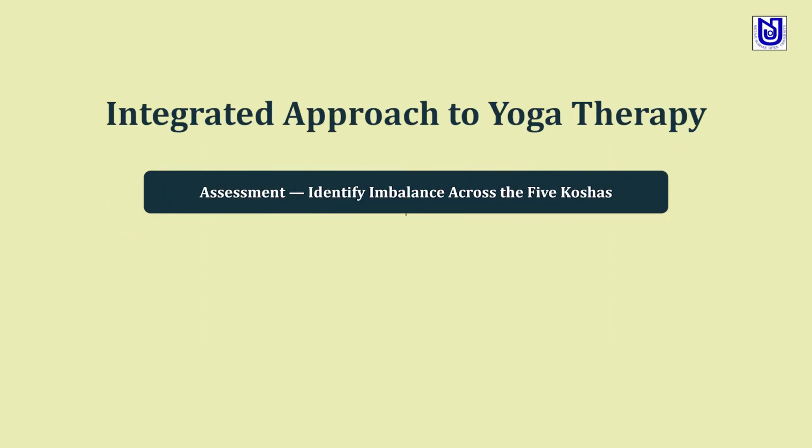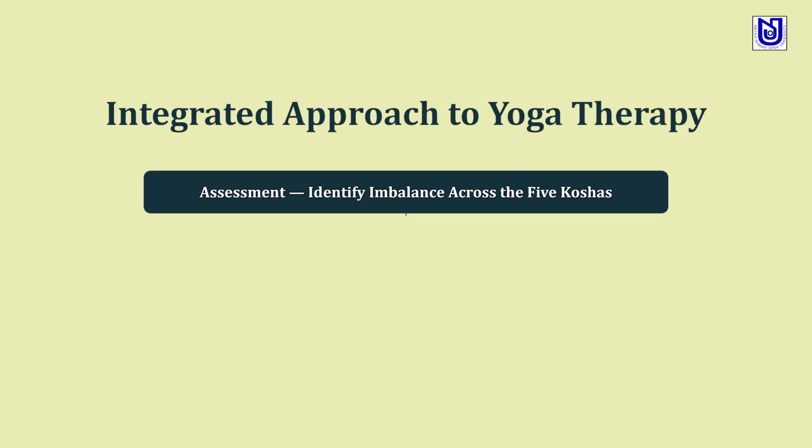We can talk about the integrated approach to yoga therapy, that is IAYT, which was developed by the Swami Vivekananda Yog Anusandhan Samsthan, Bangalore. The integrated approach to yoga therapy treats disease and distresses as imbalances across the Panchakoshas and matches the techniques to each level or each kosha.